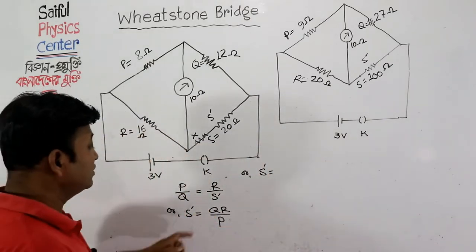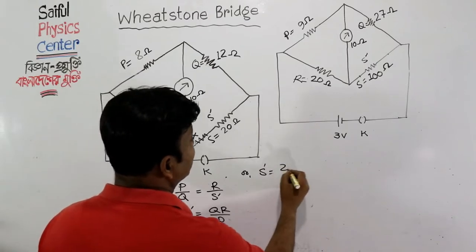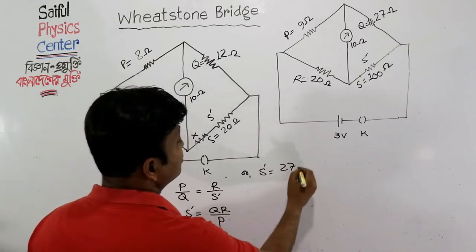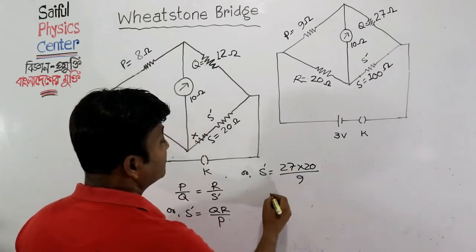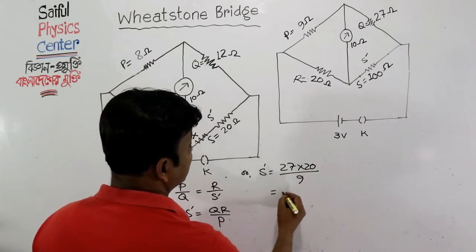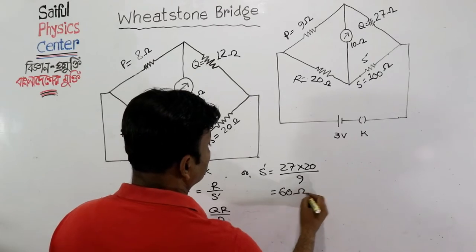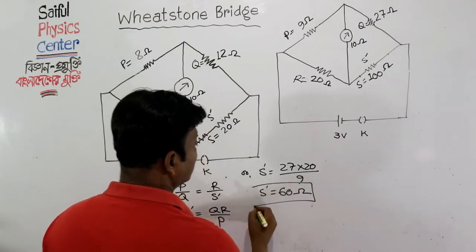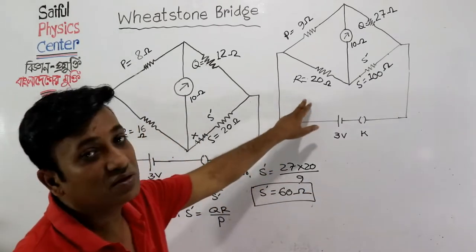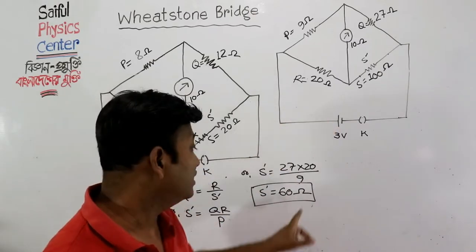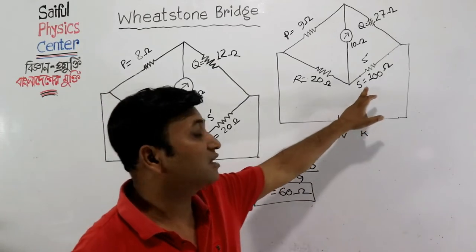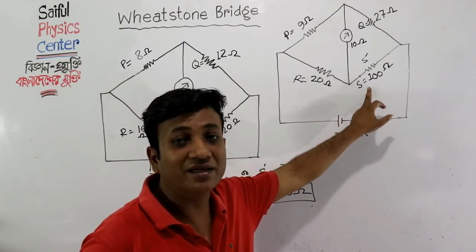Now putting the values here, Q is 27, R is 20 and P is 9. So from it we get 60 ohms. So to make this unbalanced Wheatstone bridge balanced, we need 60 ohms at the fourth arm or leg.